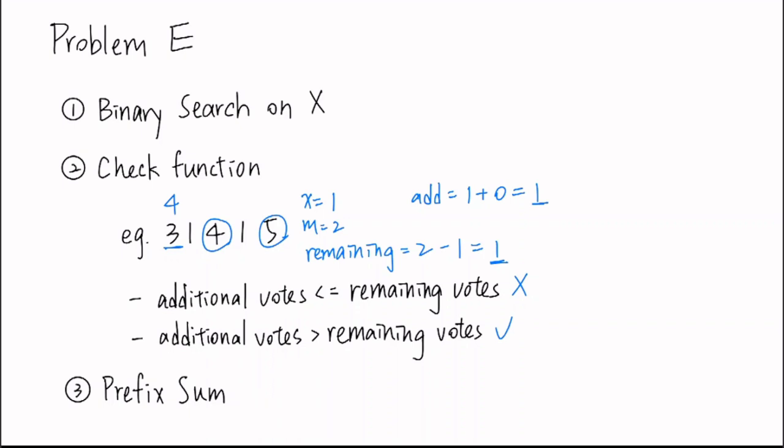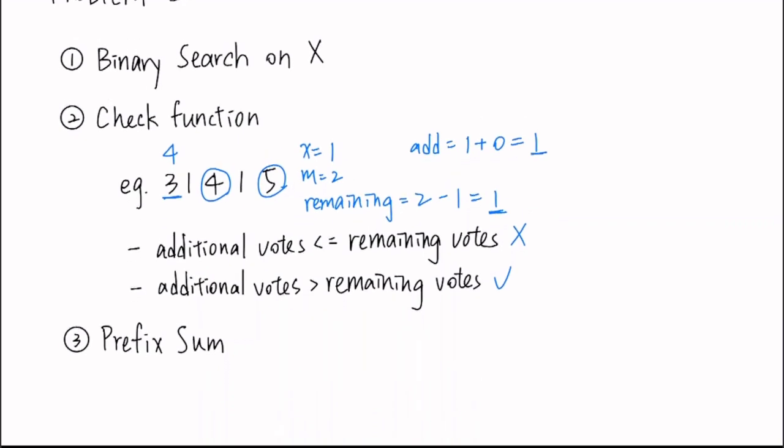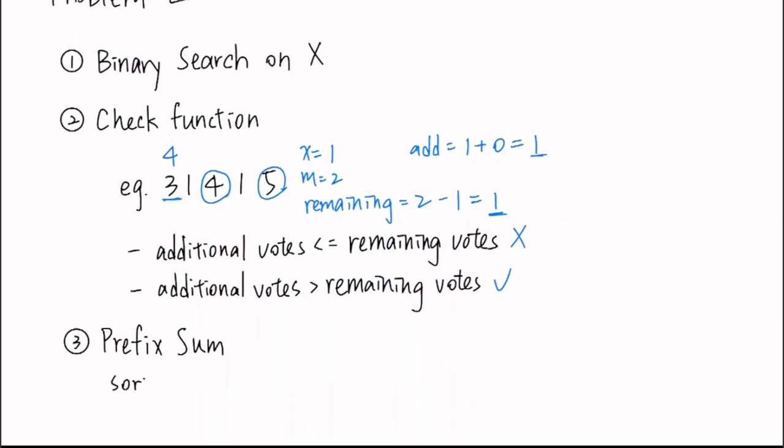So in this case, we can use prefix sum after we sort the votes that are given. So for example 1, if we sort the votes that are already cast, we would get 1 1 3 4 5.